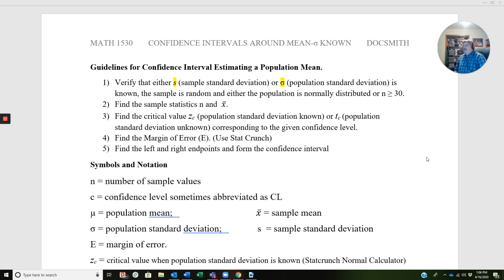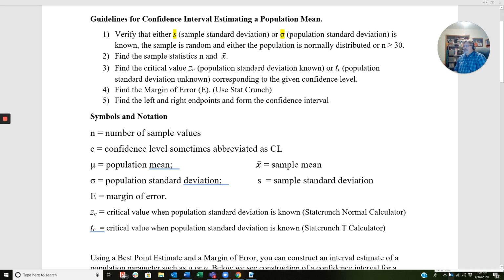So here is the notation that we need. Some of this we already are familiar with, and some of it will be new. N is our number of sample values. Lowercase c, sometimes abbreviated as CL, is the confidence level. Mu is the population mean. X bar is the sample mean. Sigma is the population standard deviation.